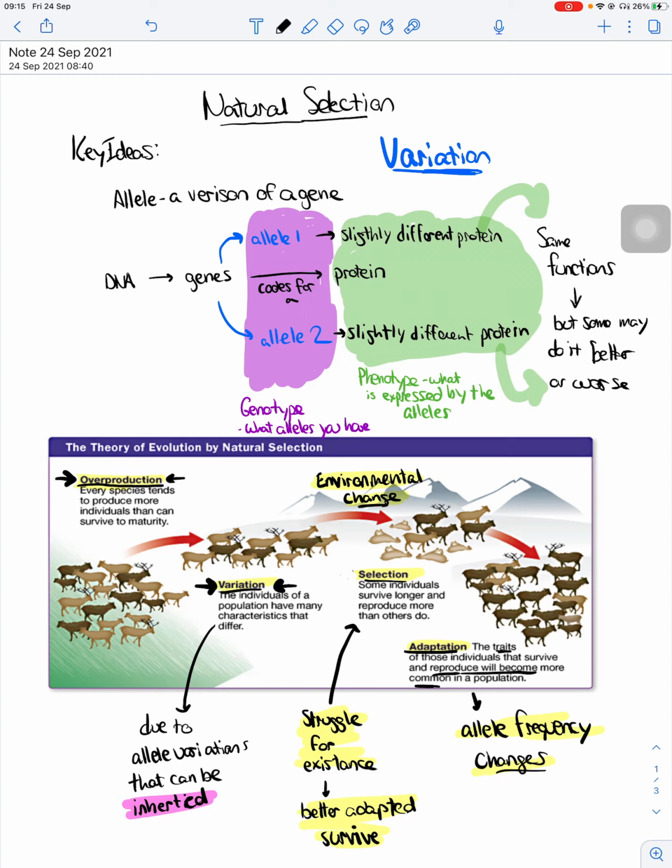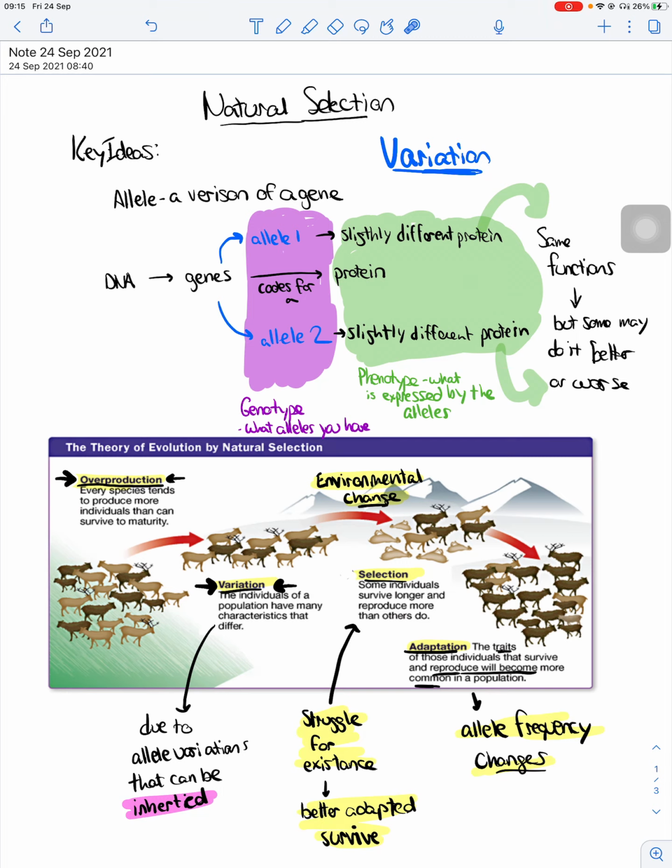And then he proposed this idea of environmental change. So when there's a change in the environment, maybe in this case, looking at this picture, the light brown deer have a disadvantage, and the dark brown deer have an advantage.